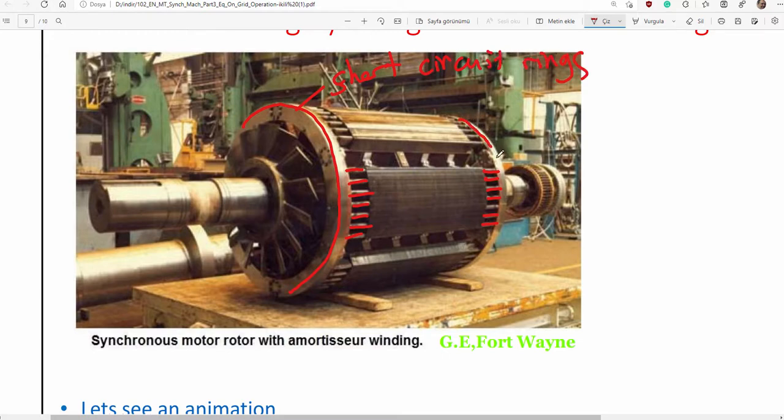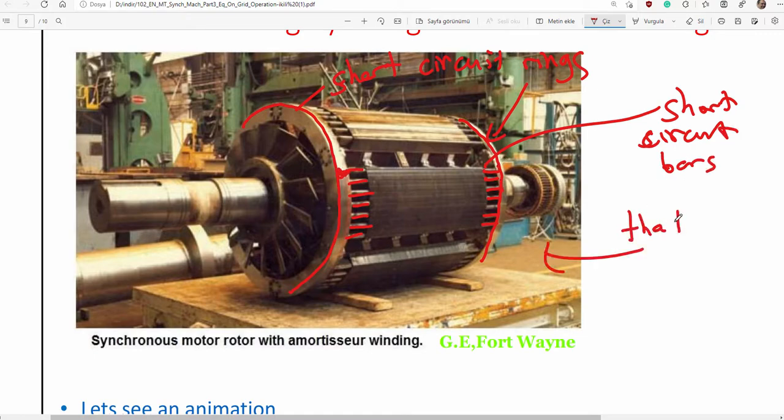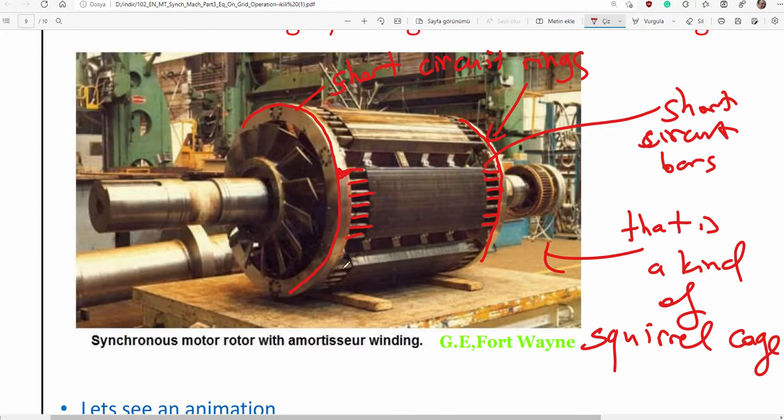Here is another one because there are two rings, and those are short circuit bars. They are short circuited on each side. That is a kind of squirrel cage, just like in an induction motor.